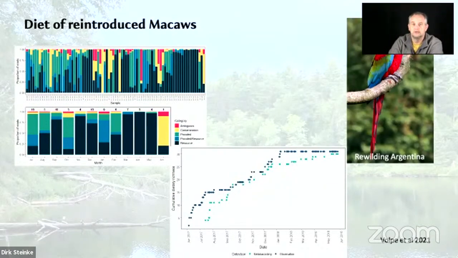And the question was, can these birds actually live for themselves? Will they find their way back to the old ways of a very generalist diet that allows them to survive throughout the year? What we did was look at their diet using a metabarcoding approach to see how the diet broadens, from the point where they were in large cages, trained and still supply-fed, to the point where they start removing more and more of the food provided in order to encourage them to go out and forage.